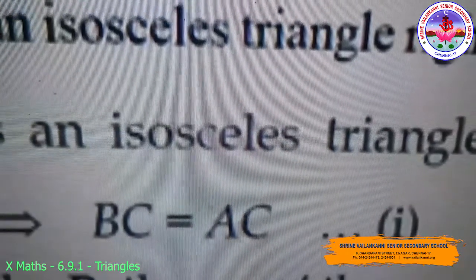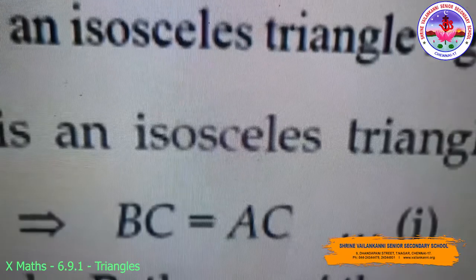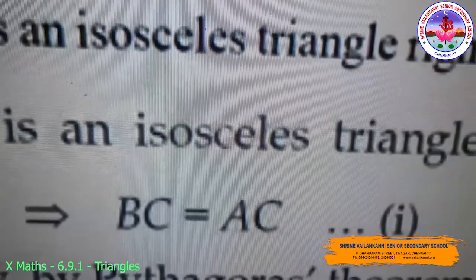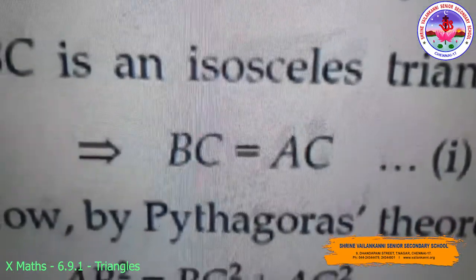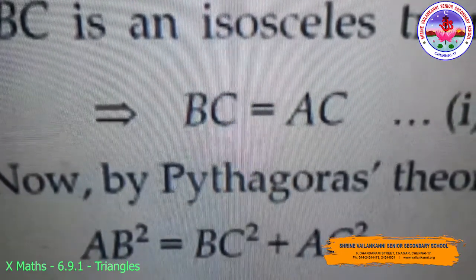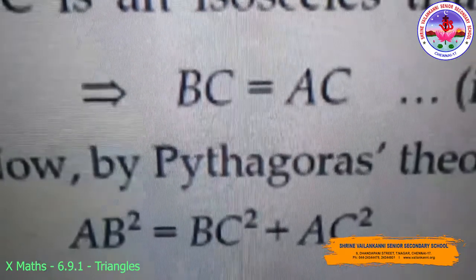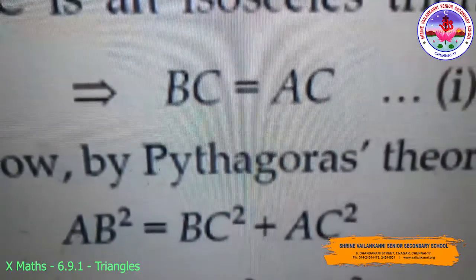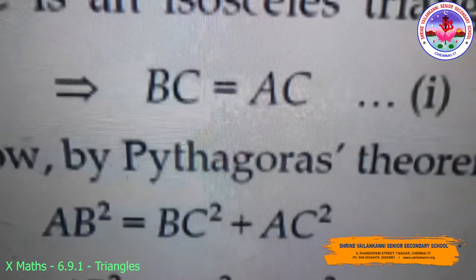Since ABC is a right angle triangle, right angled at C, we get AB as the hypotenuse. So using Pythagoras theorem, the hypotenuse squared is equal to the sum of the squares of the other two sides. So I am writing AB squared is equal to BC squared plus AC squared, writing this as equation 2.